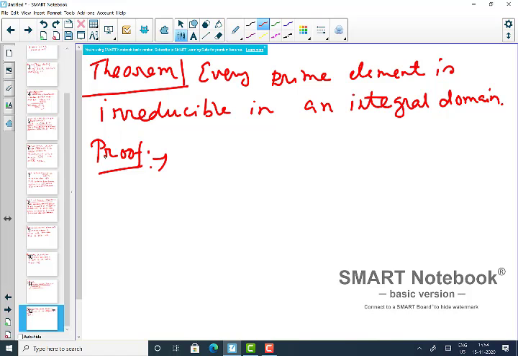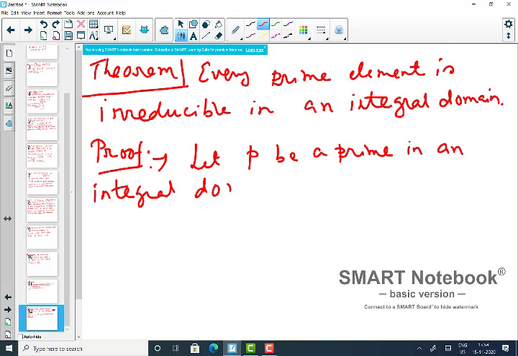Just to prove something is irreducible, you start with the prime. Let P be a prime in an integral domain R. Okay, and what I need to prove, now consider P equal to AB.